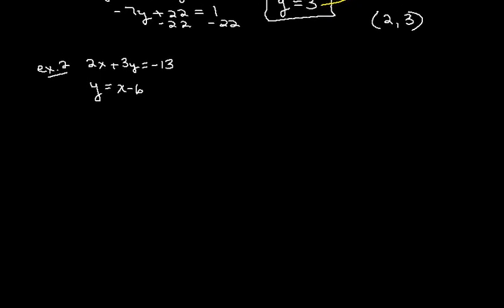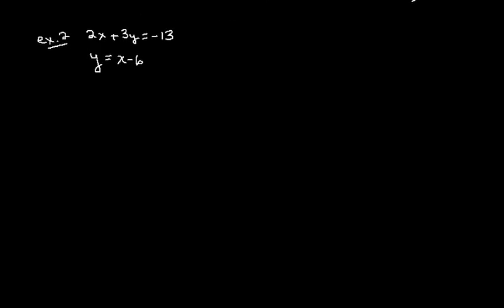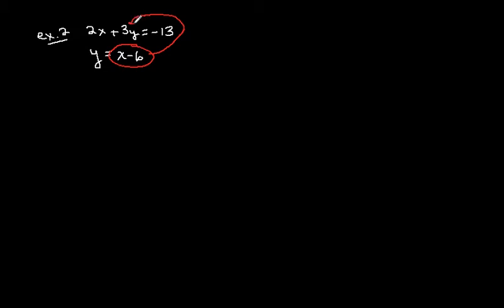Let's try another one. This one is solved for y. So we're going to take what y is equal to, x minus 6, and we're going to put it in for the y. So let's do that. So we get 2x plus 3, the y is equal to x minus 6. See that?